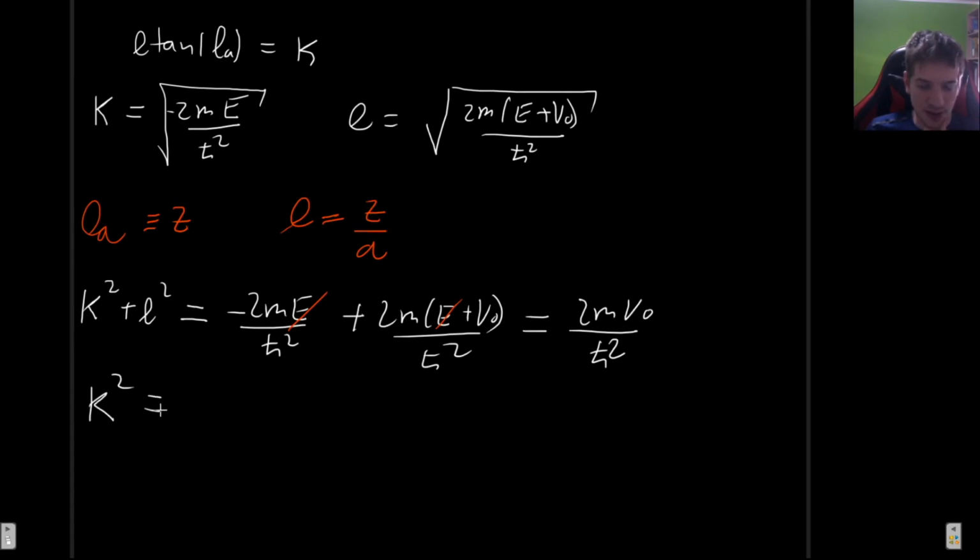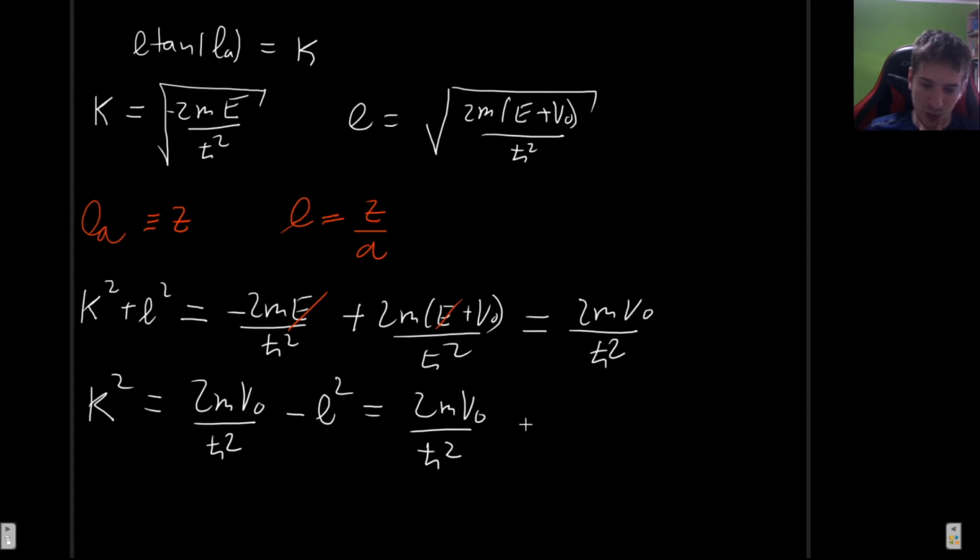That means that we can now write this as k squared is equal to 2mV0 divided by h bar squared minus L squared. But we know how L and z relate, so we can write this in terms of z. This is going to be 2mV0 divided by h bar squared minus, and now instead of L squared, we write z squared divided by a squared.